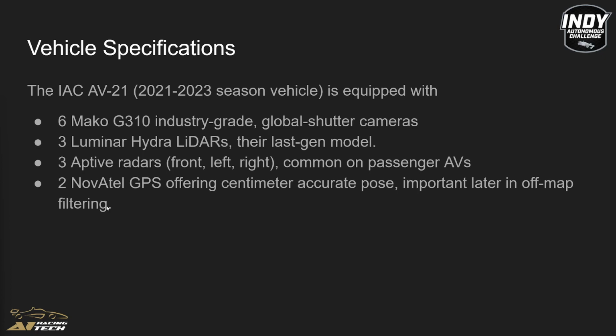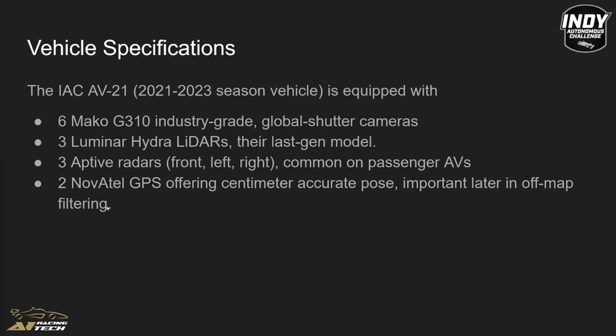Each of them has a 120 degree field of view, and their configurations allow a variable frequency from 10 to 30 hertz, at the cost, of course, that at 30 hertz you get fewer horizontal scan lines from the LiDARs, and at 10 hertz you get a richer cloud at every scan, but your frequency is drastically reduced, and we in general find that to be a very bad thing, especially for tracking problems.